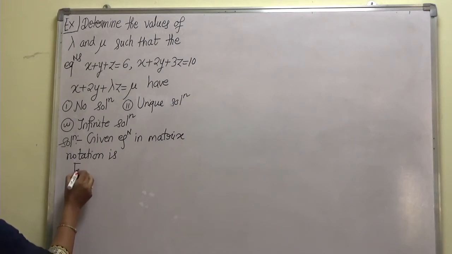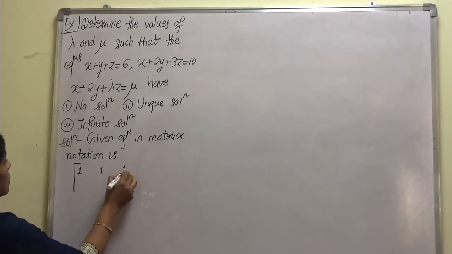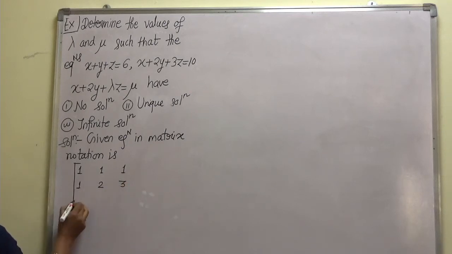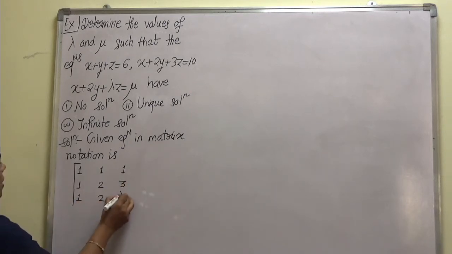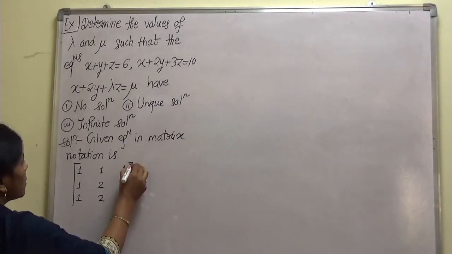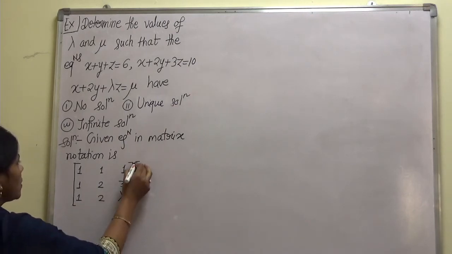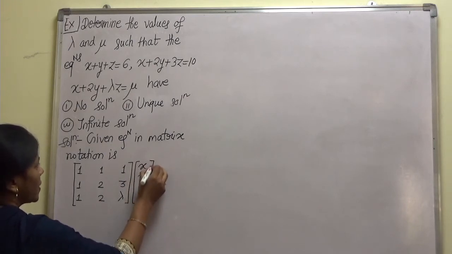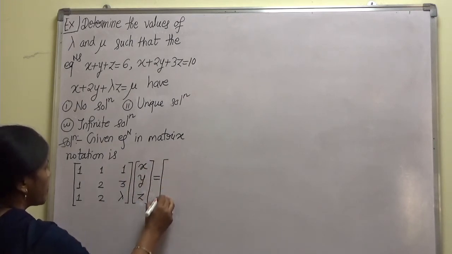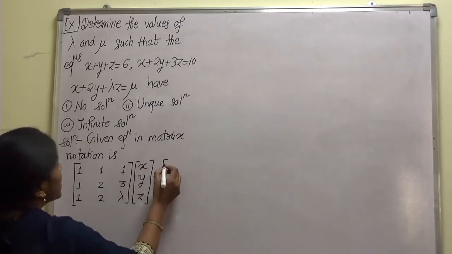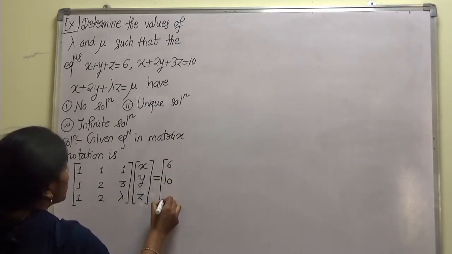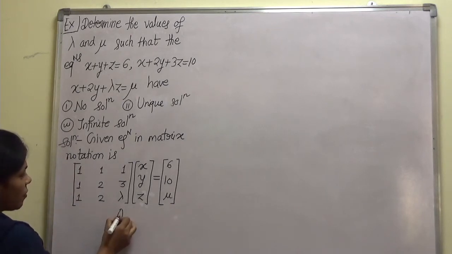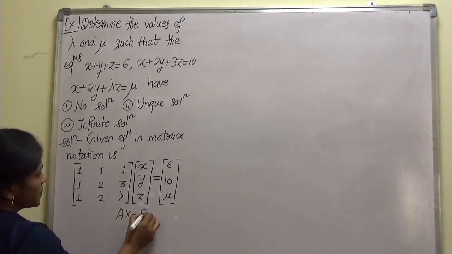1 1 1, 1 2 3, 1 2 lambda, into the xyz variable matrix, equal to the constant matrix on the right hand side, that is 6 10 mu. Now after this, form the augmented matrix.